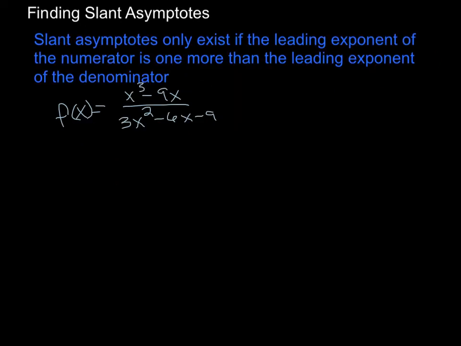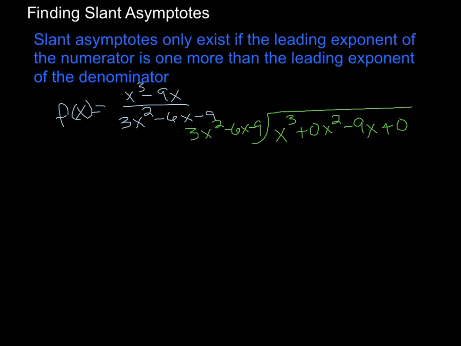Last but not least, we have slant asymptotes. This is when the leading exponent at the top, which here is 3, is 1 more than the leading exponent on the bottom. So now we can find a slant asymptote, and we do that by long division.